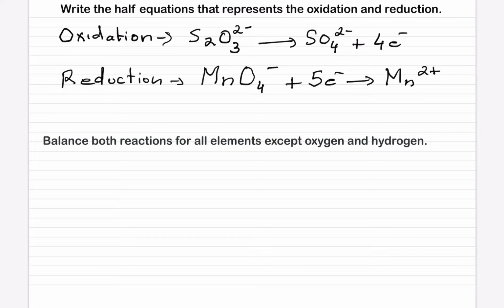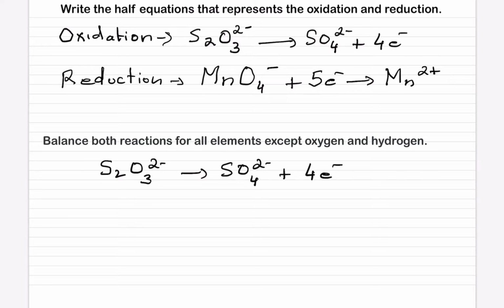Now balance both reactions for all elements except oxygen and hydrogen. So we first of all take the first equation, that is S2O3 2 minus will yield SO4 2 minus plus 4 electrons.